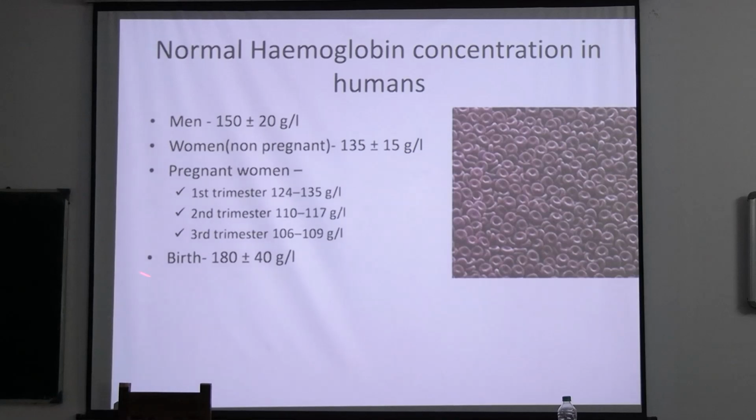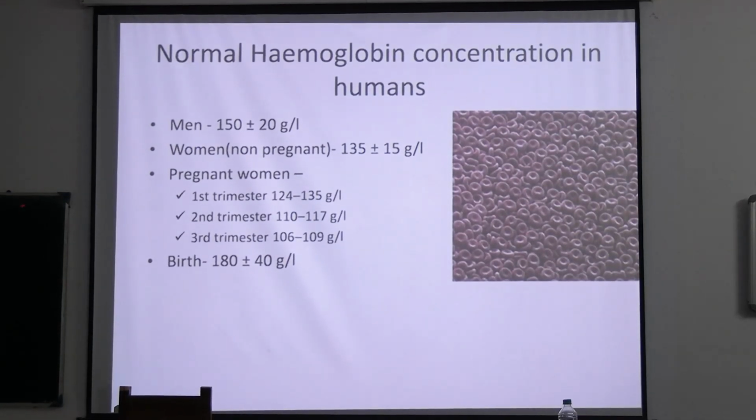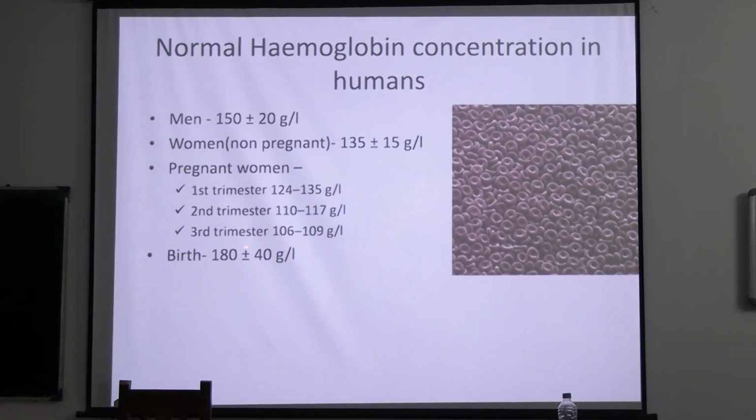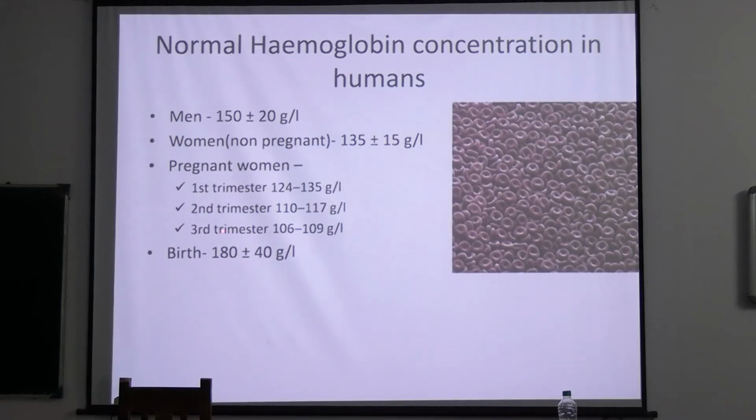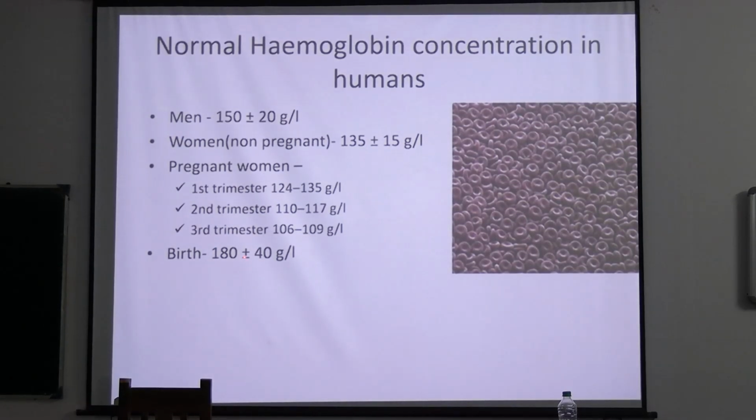You know, when a baby is born, its hemoglobin level is like 18 plus minus 4 gram per dL. A baby has this much of hemoglobin. By the third day, these RBCs break down and the hemoglobin part is released and the baby gets jaundice, which is known as physiological jaundice.